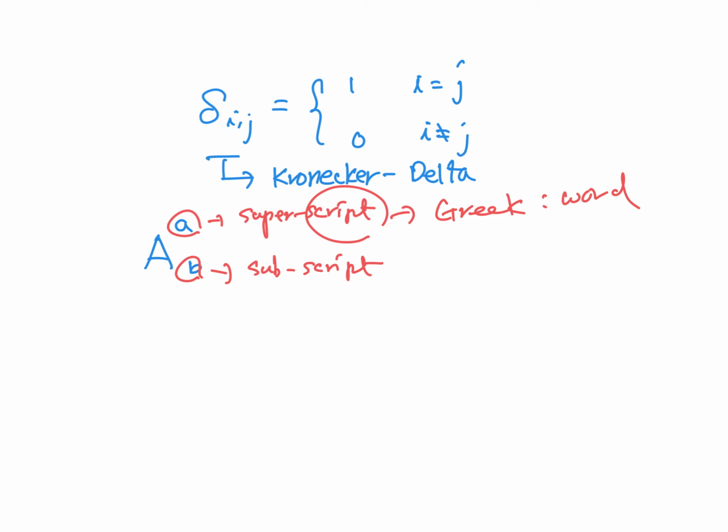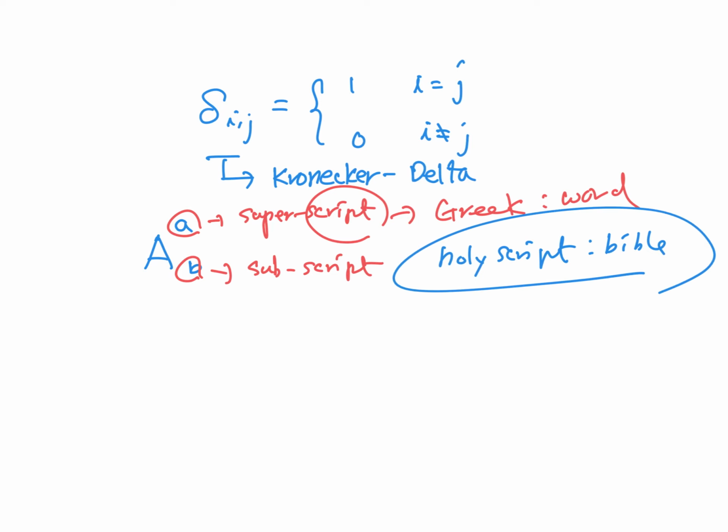So 지하철 is called subway, right? Sub is under, super is up. So superscript means the word in the upside. Subscript means the word in the downside. And Holy Script, Bible, right? So everything comes from Greek word script, word.